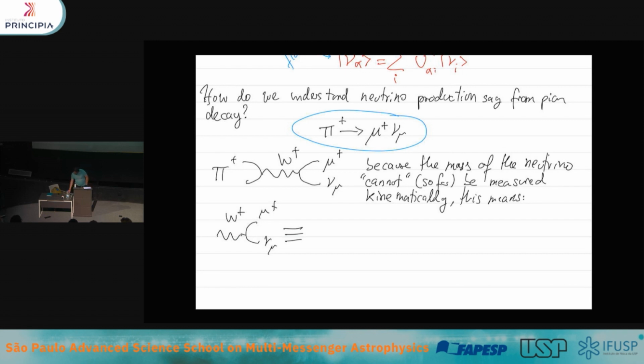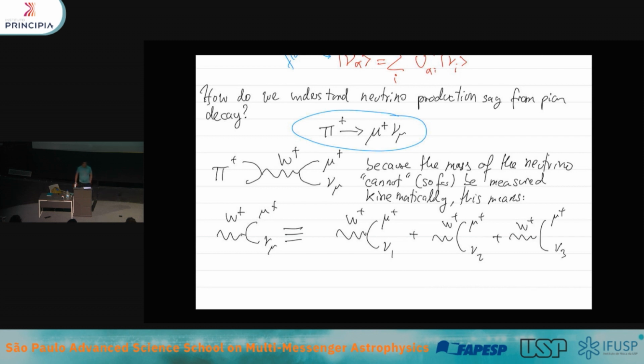And so how we can depict this is that we say that this decay is essentially the same as having W goes to muon and nu1, or W goes to muon plus nu2, or W goes to muon plus nu3, right?